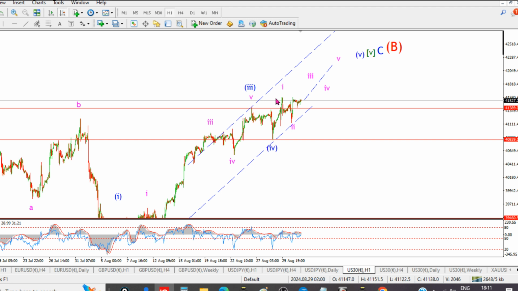It looks like maybe 3 waves up in wave 1, possibly 3 down and 2. This could be 3 up and 3. So eventually we'll see where this cookie crumbles. It could be an ending diagonal, fifth wave. Okay, so this week, just looking for this wave to complete again, I suppose.